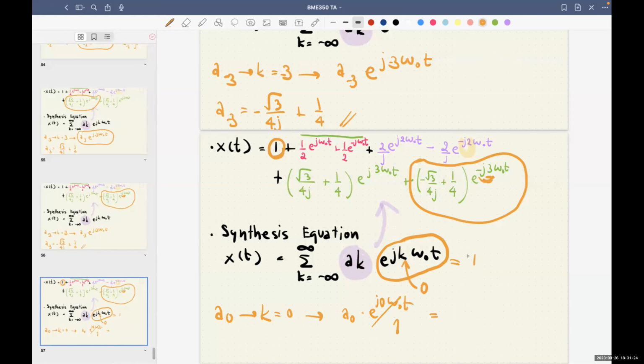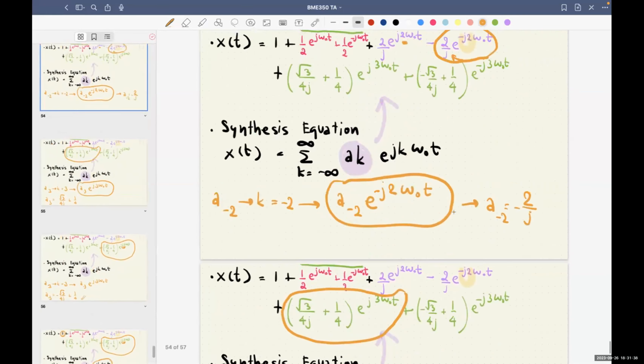And when we look at this term, we only got A0, therefore A0 equals 1. And that's it.